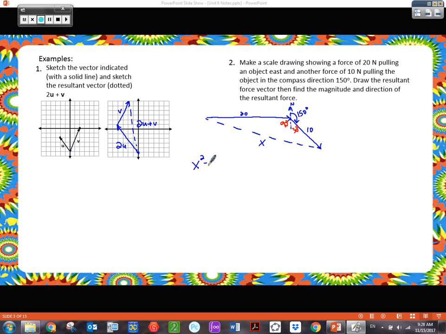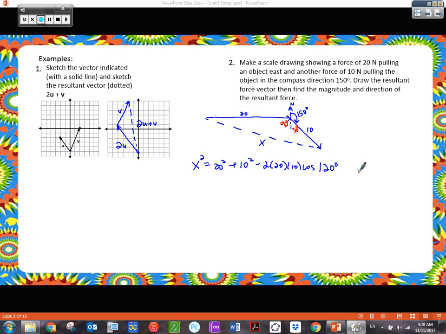So we would say x squared equals 20 squared plus 10 squared minus 2 times 20 times 10 cosine of, let's see, that whole angle is 90 plus 30, so 120 degrees. Now, since cosine of 120 degrees is negative 1/2, we're not going to have a weird decimal here.